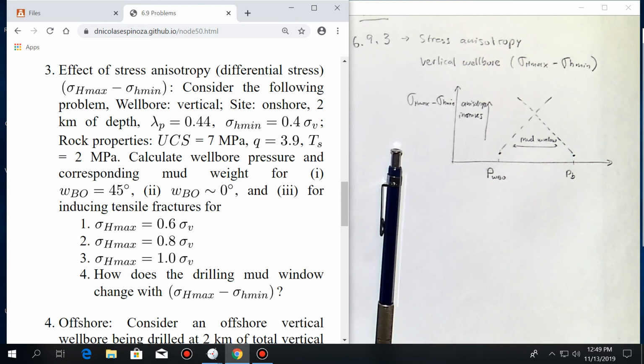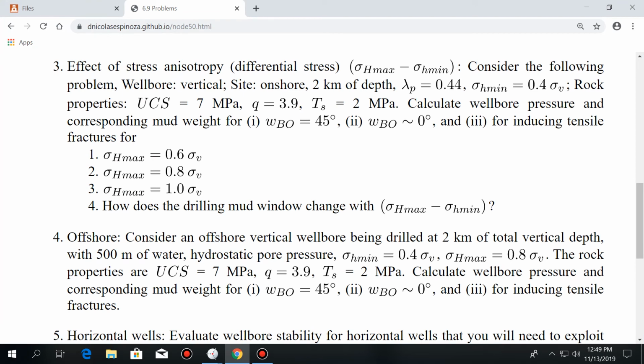But PWBO is obviously a function of WBO, but don't you usually, in the wellbore image, just see that, and that's what WBO is? Okay, so that's a good question. In practical terms, you may want to just set what is WBO and calculate PWBO, right?